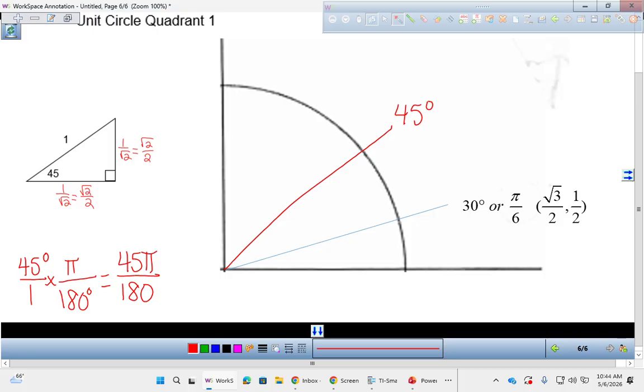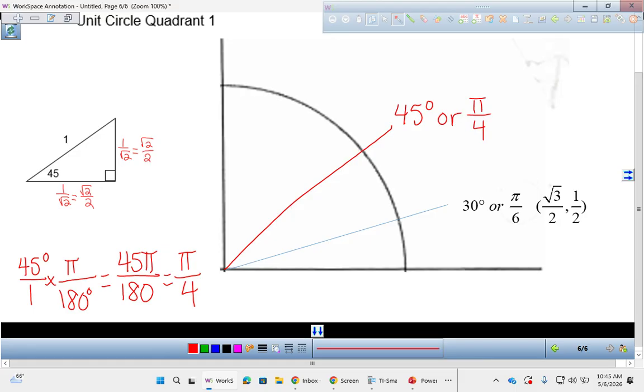So think about how many slices of 45 can go in 180. How many? 4. So 45 over 180 is the same thing as pi over 4. It's 1/4. You could divide by 5 and keep checking that way too. The way that I think of it is, okay, well I know 45 goes into 90 twice, and 90 goes into 180 twice, so that's 4. So it's 1/4. So this is 45 degrees or pi over 4.